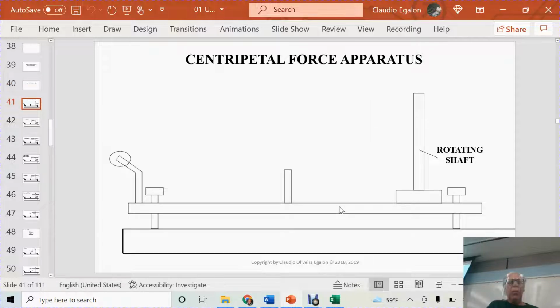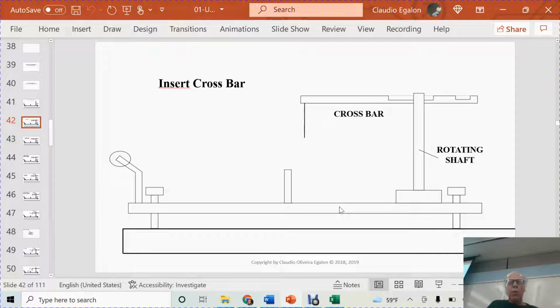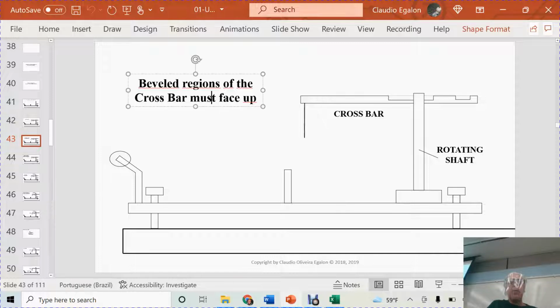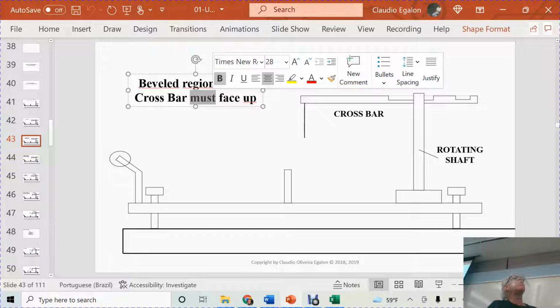We start with the centripetal force apparatus. You're already familiar with that. We have a low frictional rotating shaft. You insert the crossbar. Don't forget the beveled region of the crossbar must face up. That's for a safety reason.